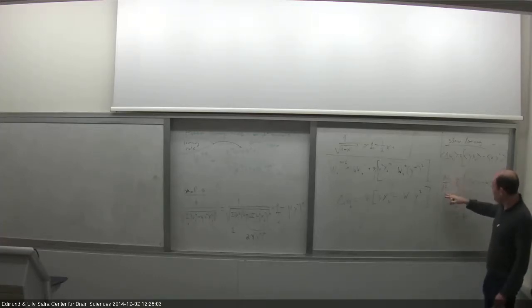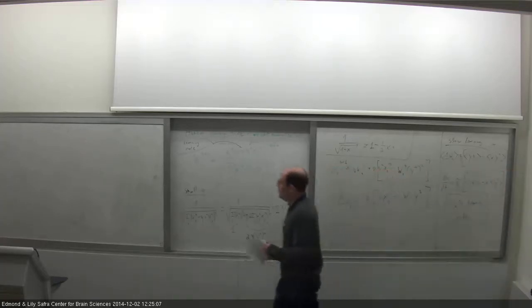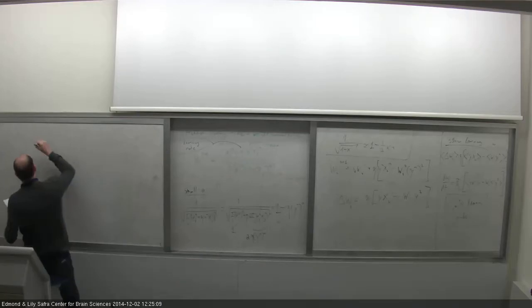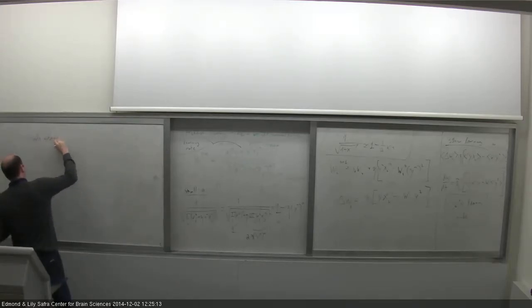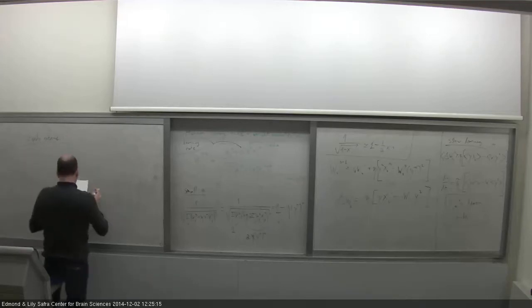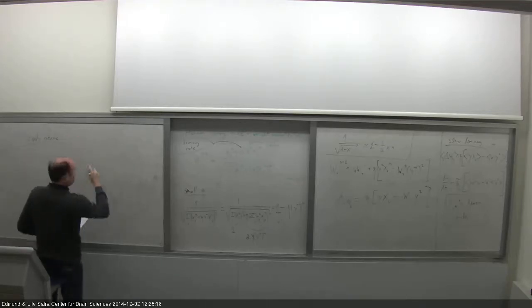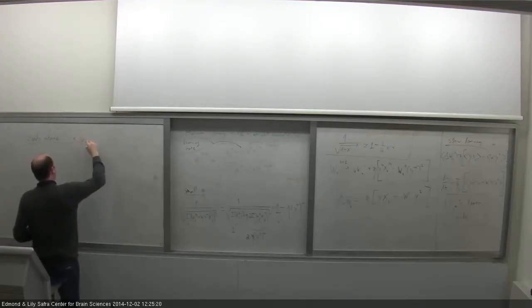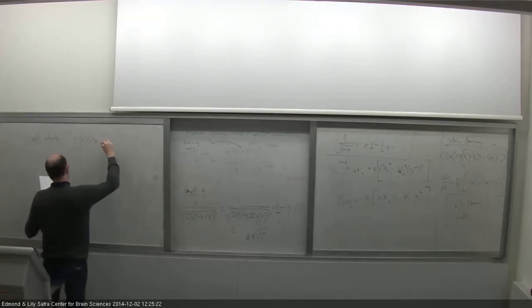So if W reaches a steady state, what we have on the right-hand side should be 0. Let's see what that implies. If we're at a steady state, the average of y xi should be equal to wi times the average of y squared.